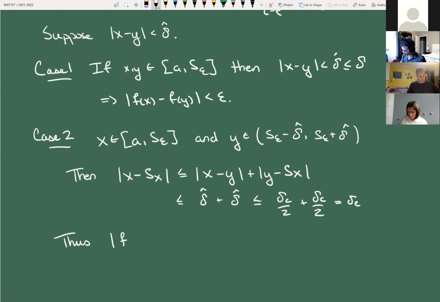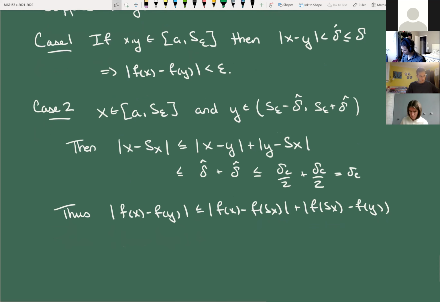Thus, |f(x) - f(y)| is less than or equal to |f(x) - f(s_x)| plus |f(s_x) - f(y)|, which is less than epsilon over 2 plus epsilon over 2 equals epsilon.